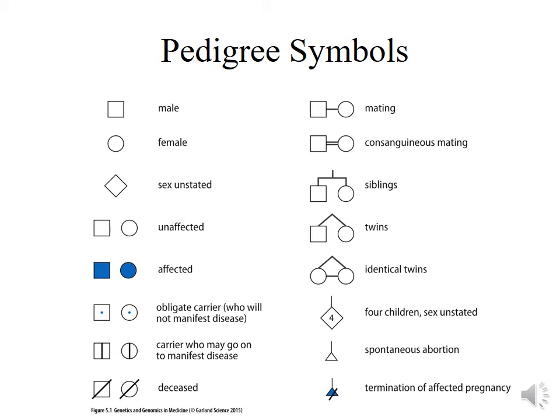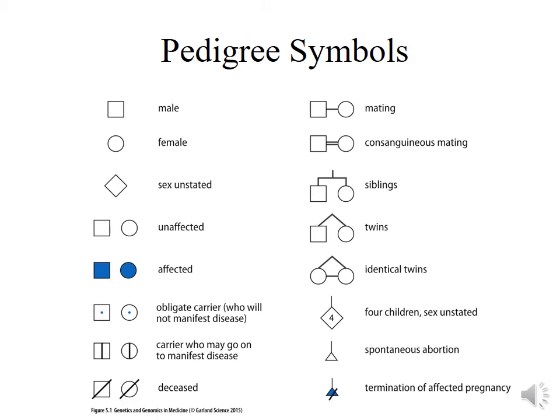Generations are often labeled with Roman numerals that increase from top to bottom. Individuals within each generation are given Arabic numerals that increase from left to right. An extended family covering many generations may be described as a kindred.